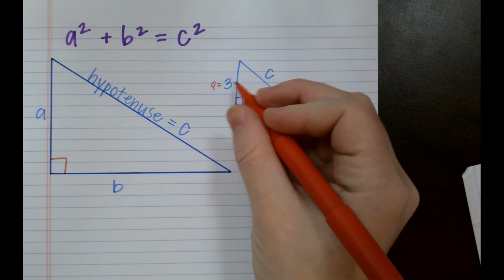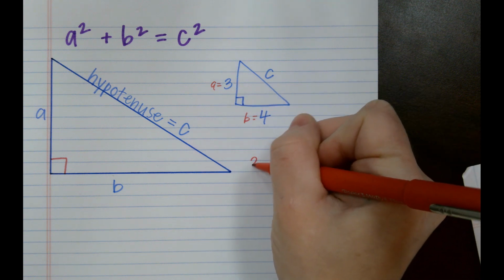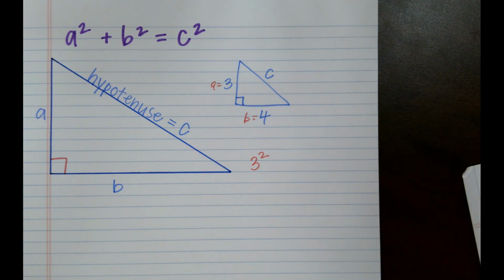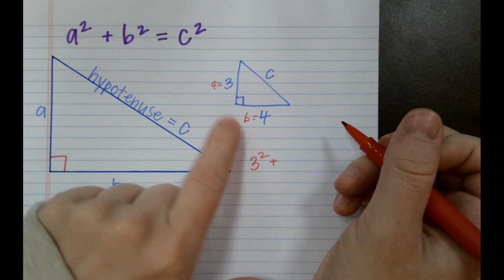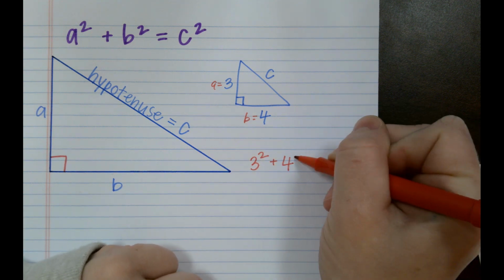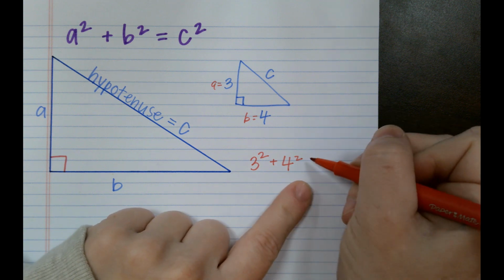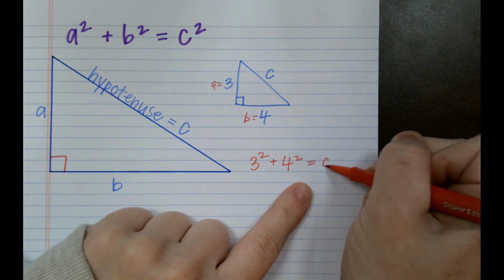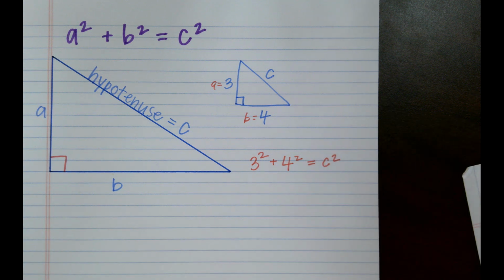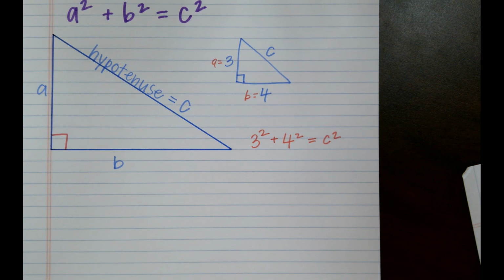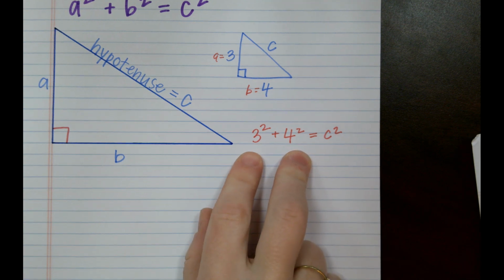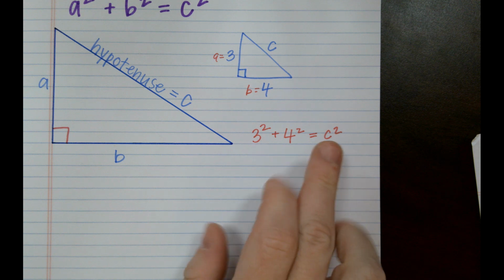So if A is 3, then I'll write 3 squared plus B squared, or 4 squared, equals C squared. We don't know C yet. Okay, so now that we've got that, let's figure out what 3 squared is and what 4 squared is.